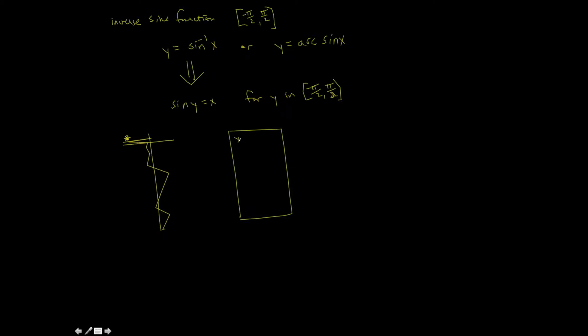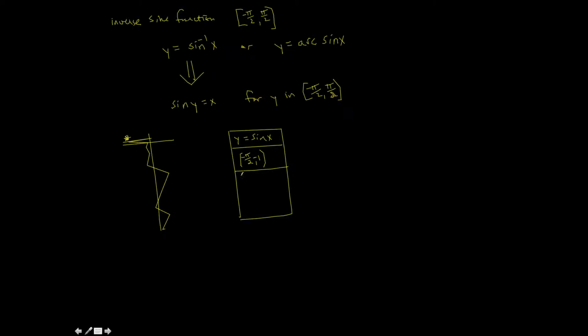For the function y equals sine of x, the point negative 1/2, negative 1 is on that function.